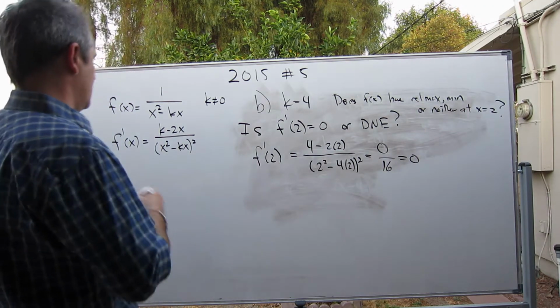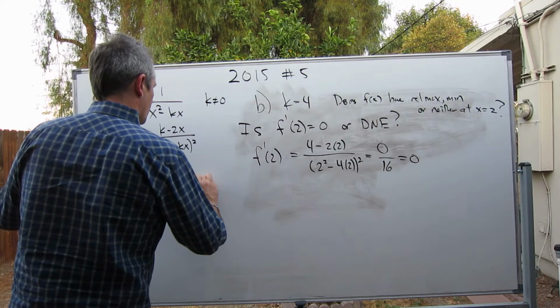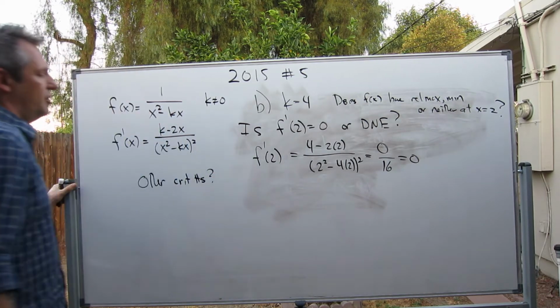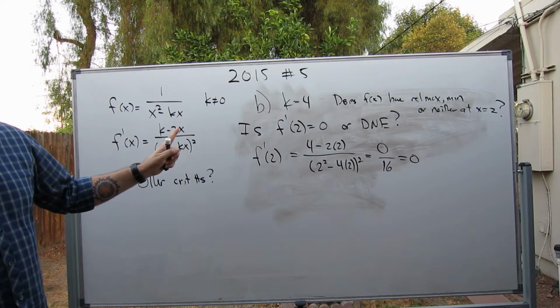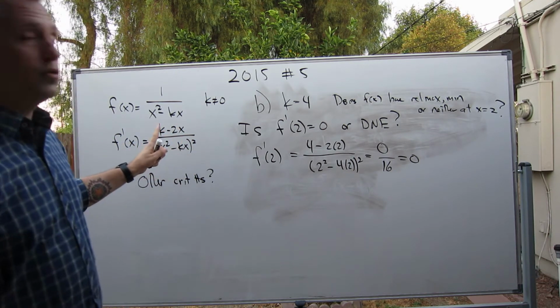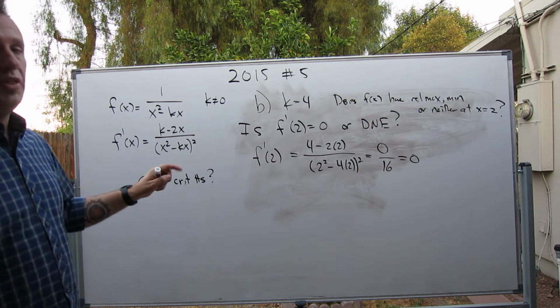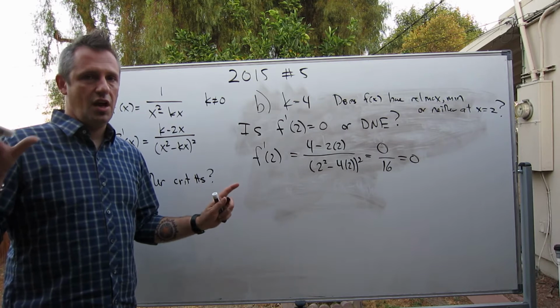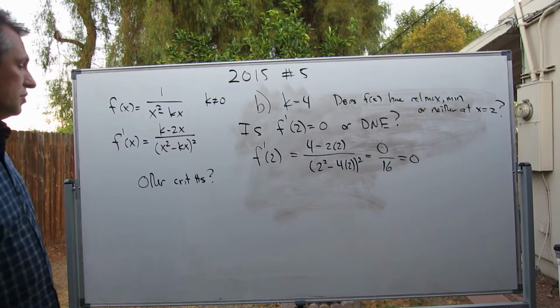So let's start by asking ourselves if there are other critical numbers. And I think we find out that the answer is yes. The numerator of the derivative is 4 minus 2x. That has only x equals 2 as a critical number. But there are some critical numbers of the does not exist flavor, and they happen to be when the denominator equals 0.